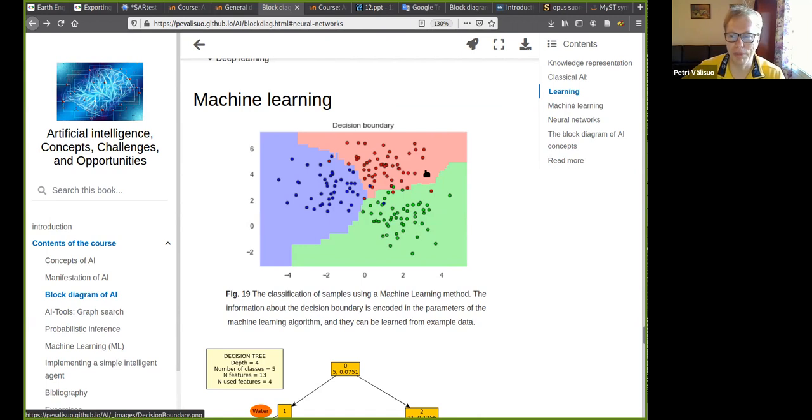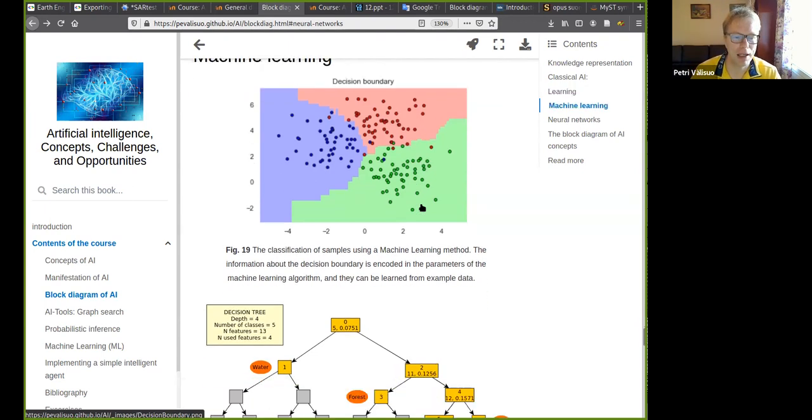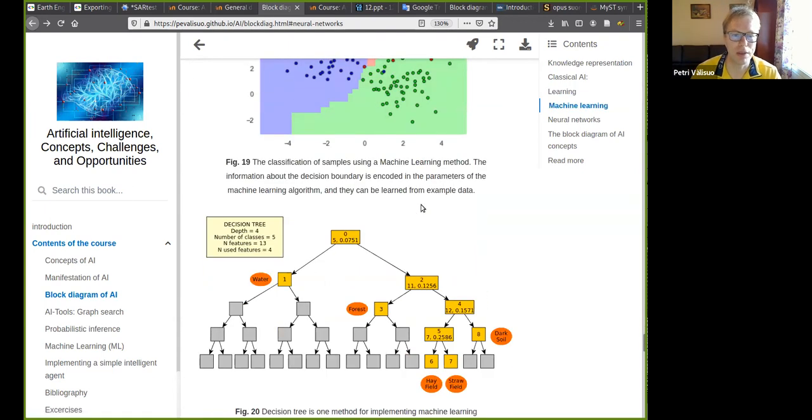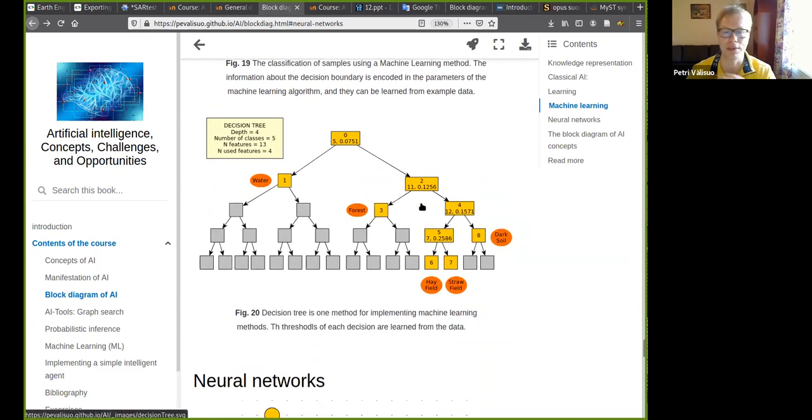And this is no problem for these machine learning algorithms. Of course, the higher the dimensionality, the more samples you need to train the system. And this is one way of doing one kind of structure for making this kind of decision boundaries.